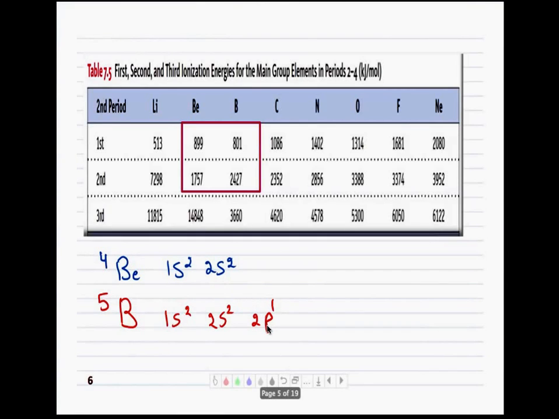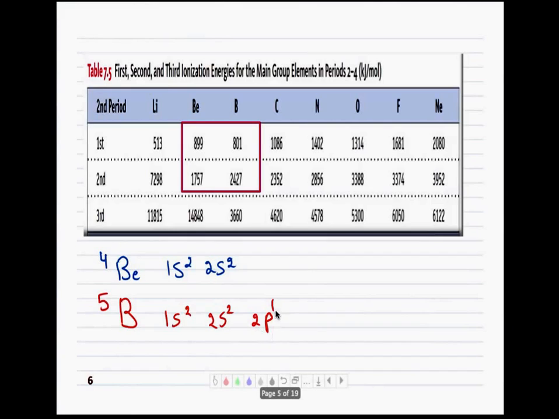So if we look at the electron configuration of beryllium and boron, I find that if I'm going to lose one electron in this case, I'm going to lose it from a 2p. And if I'm going to lose one electron, which is ionization, from this, I'm going to lose it from the 2s.